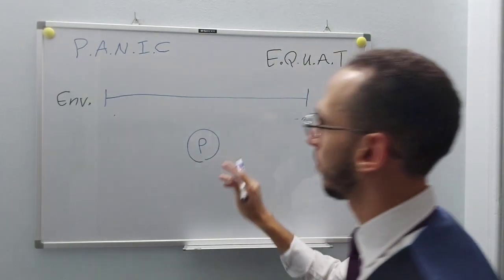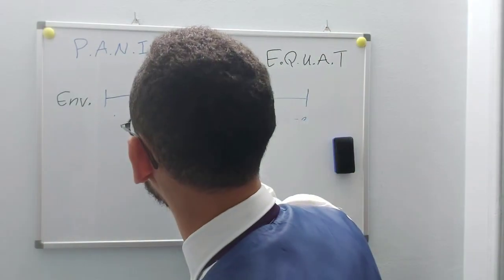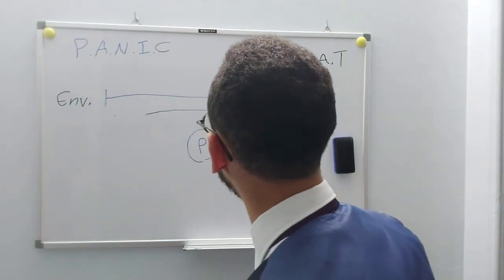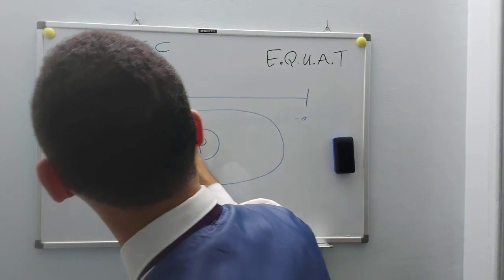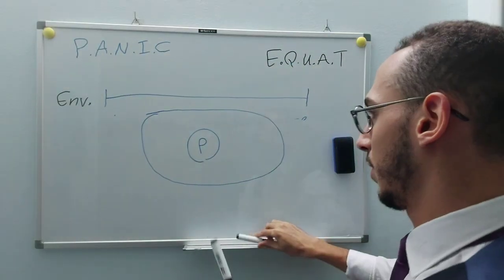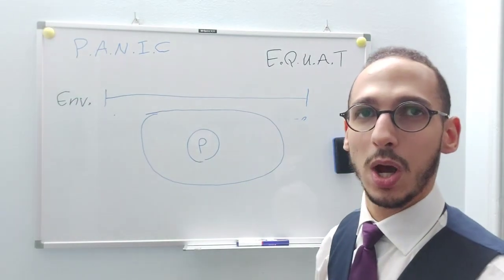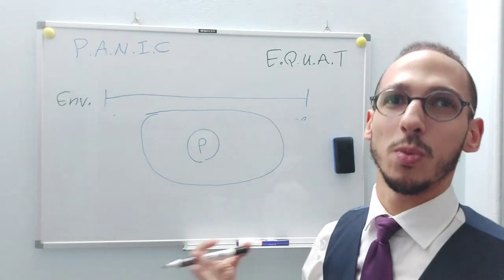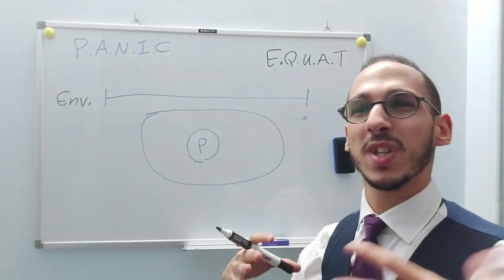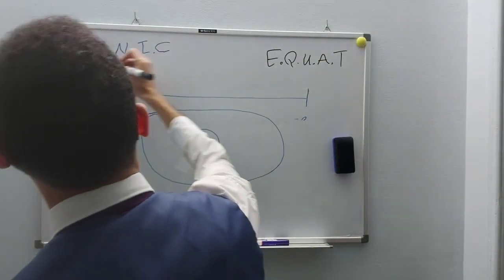A person, personnel. And once again, here is your environment. These two models, the reason there's two is because one of them operates on strategical prowess, strategical supremacy, if you will, and that is the P.A.N.I.C model.